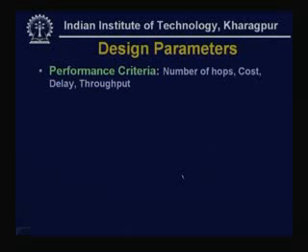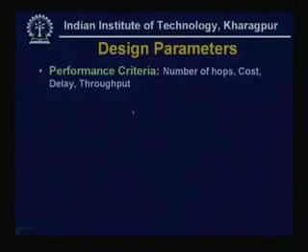Okay. Now let us focus on the design parameters. Whenever you try to design a routing algorithm, you have to take several parameters into account. First is the performance criteria.